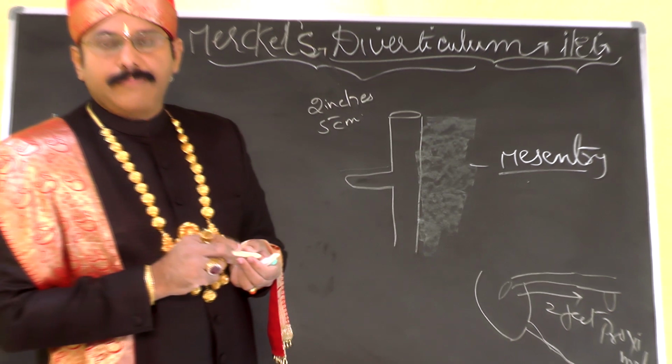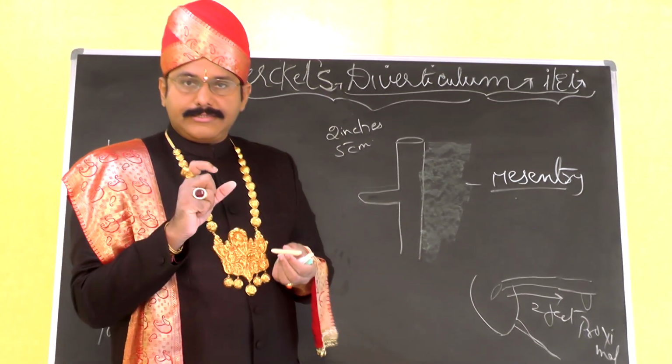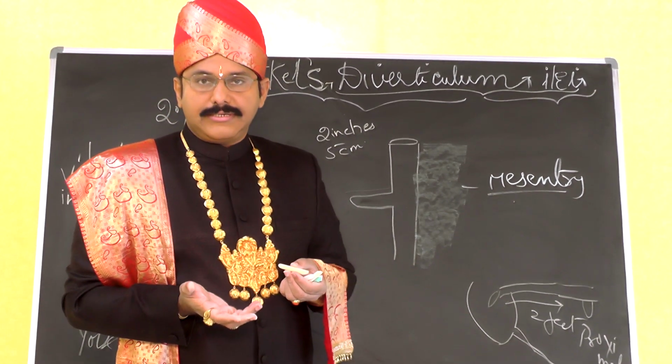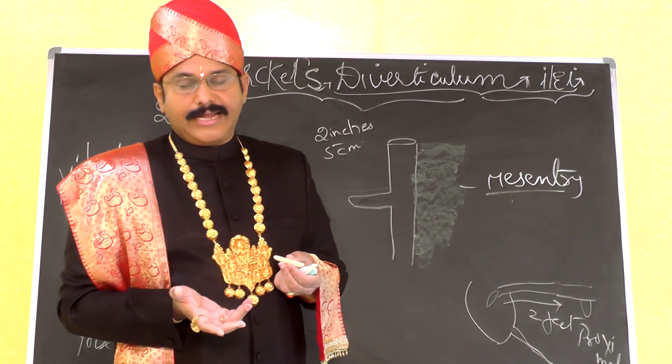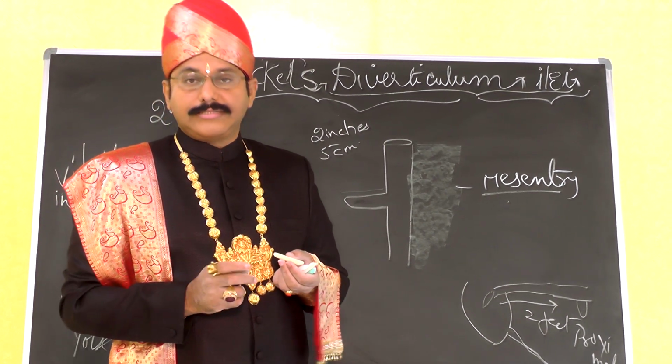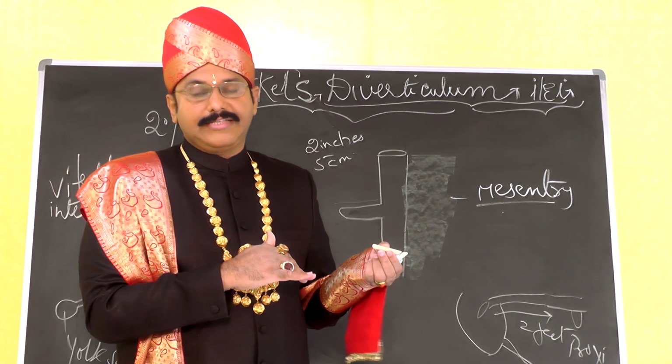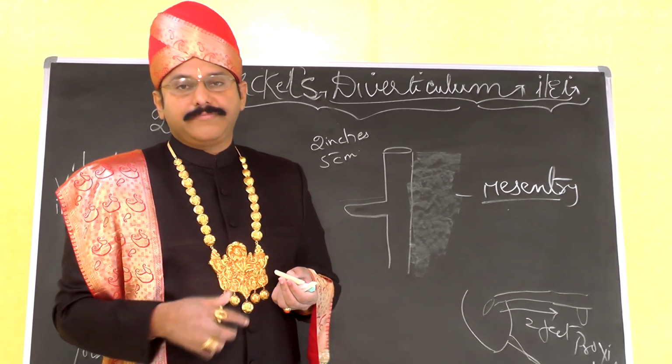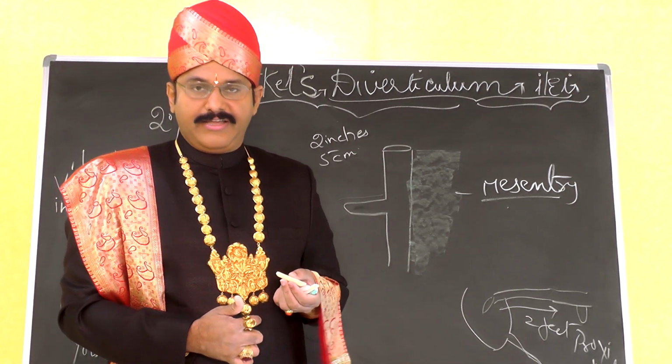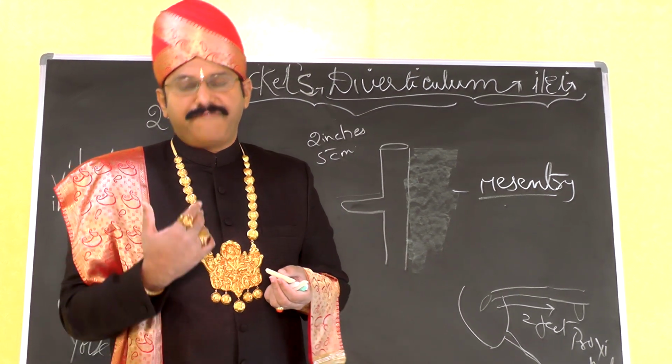Now the importance of this Meckel's diverticulum is, this also can get inflamed and mimic appendicitis. The symptoms are almost similar. When the patient is having appendicitis, you have those classical symptoms of pain around the umbilicus to begin with, episodes of vomiting, fever.